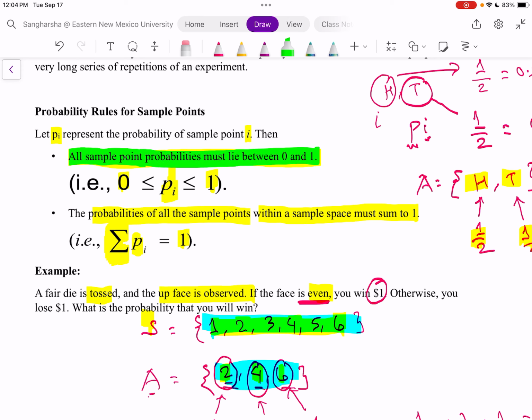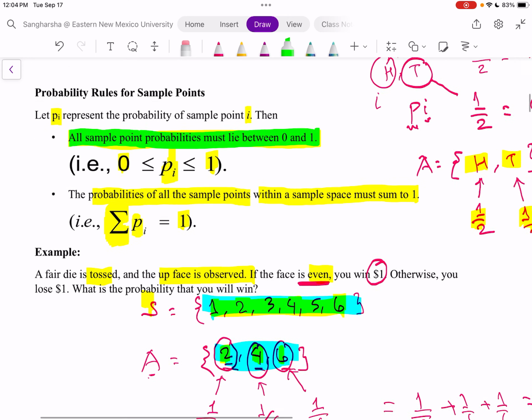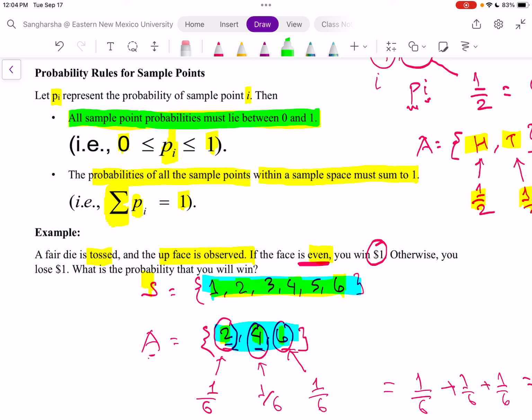So the probability for every sample point has to be equal to 0, equal to 1, or in between 0 and 1. The second rule is that the probabilities of all the sample points within a sample space must sum to 1.